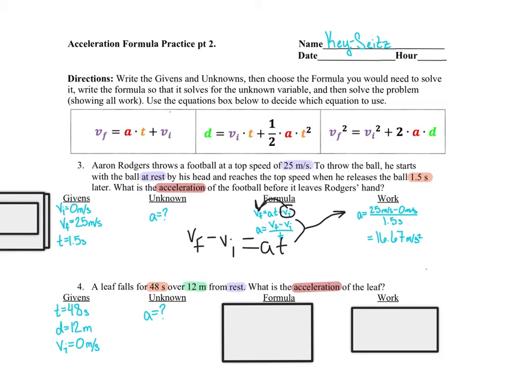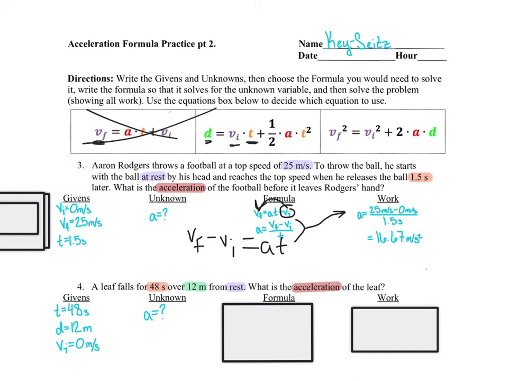Let's do our trick to find out which equation, which formula to use. We're looking for time, distance, initial velocity, and acceleration. Let's start from the beginning. Final velocity. Oh, we don't need that. So the first equation is out. The second equation, it gives us distance. Great, we need that. Initial velocity, love it.